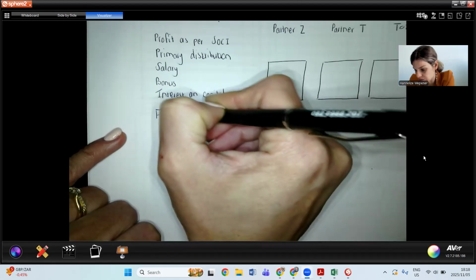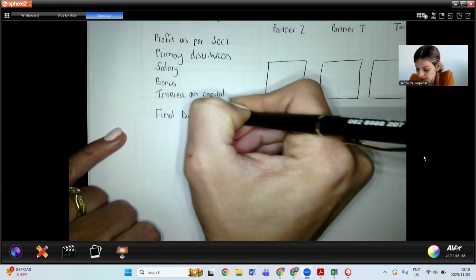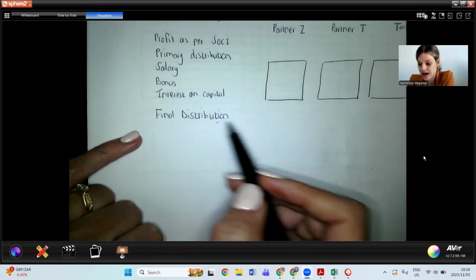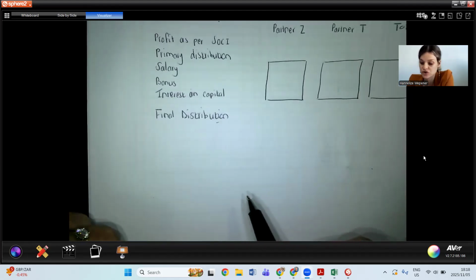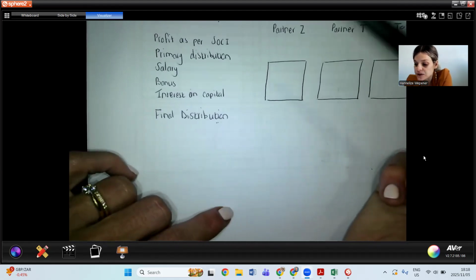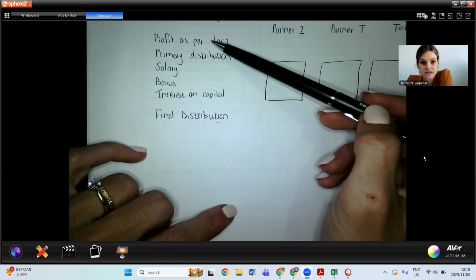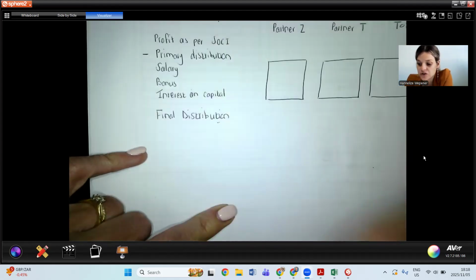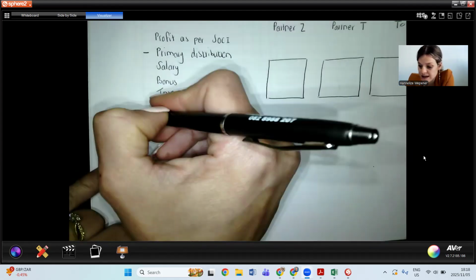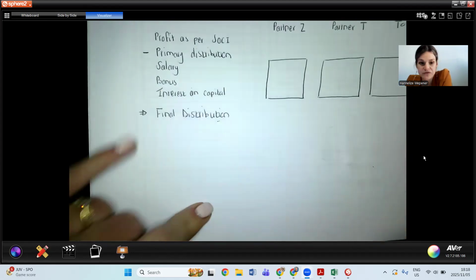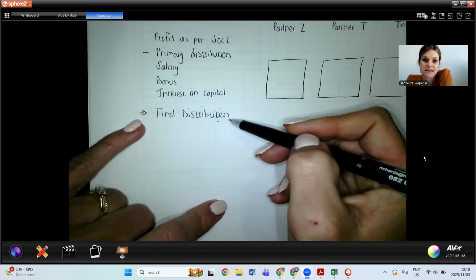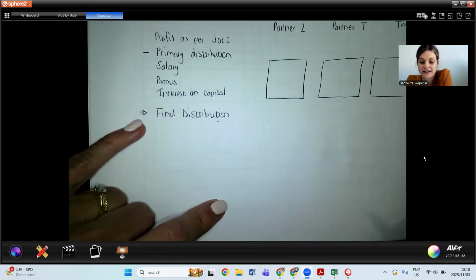This is the one where we will look at the ratios that they provided, like how are we going to distribute this? In other words, you take your profit as per SOCI, you subtract your primary distribution, and that will give you your final distribution. Your final distribution will be done as per the ratio provided.